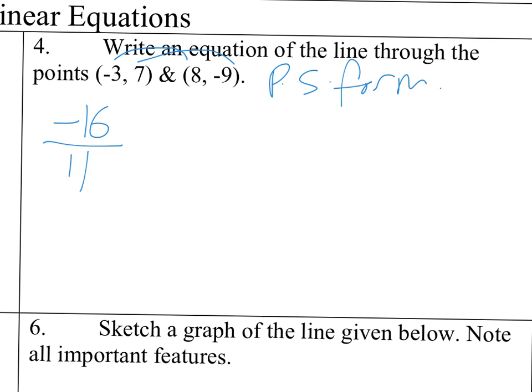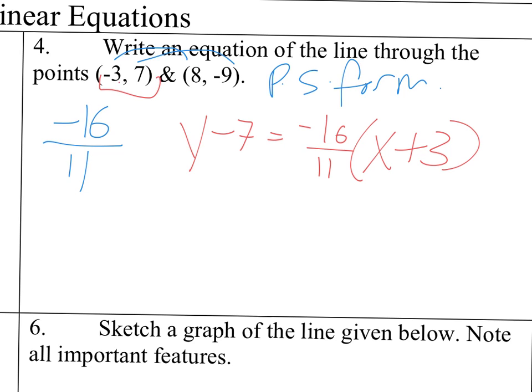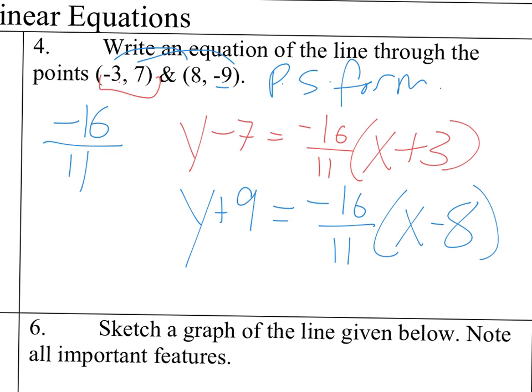If I use my first one, it might be y minus 7 is equal to negative 16 over 11 times x plus 3, remember it's the opposite of the number. And if I use the second one, it might be y minus negative 9, or y plus 9, is equal to negative 16 over 11 times x minus 8. Again, that's the opposite of what that number is.